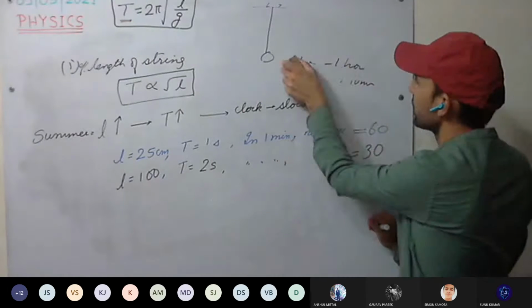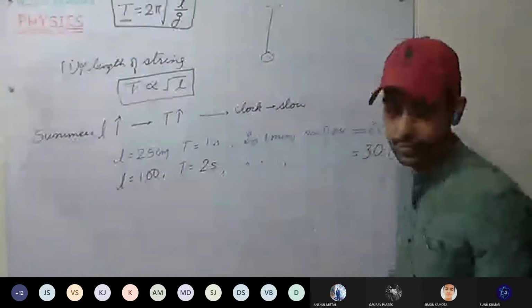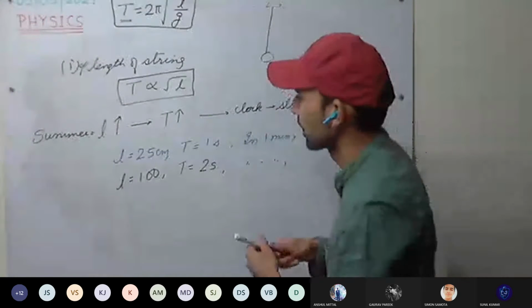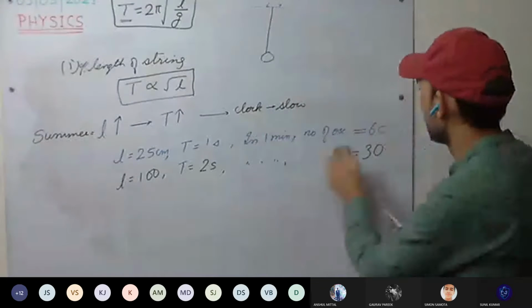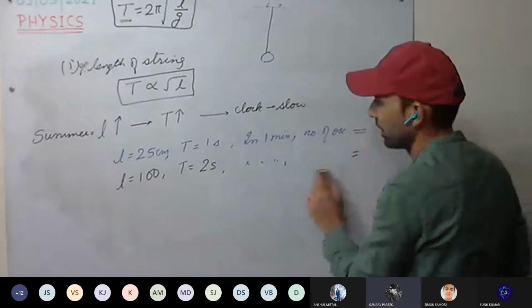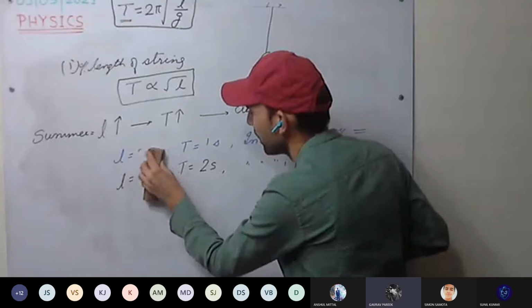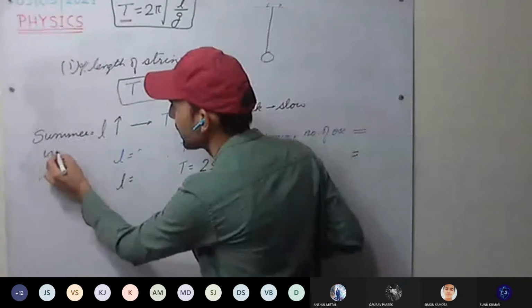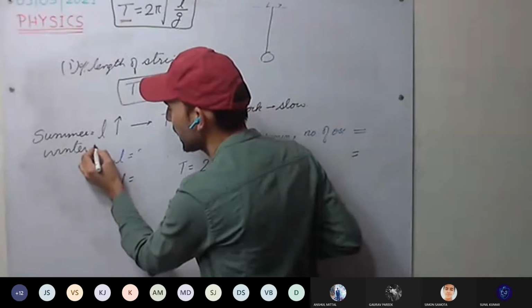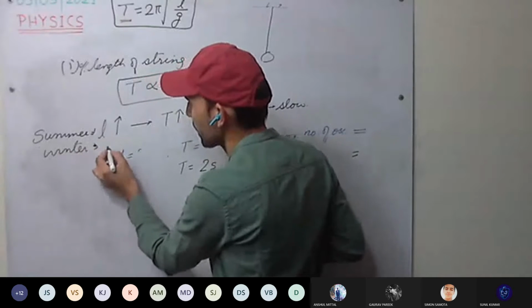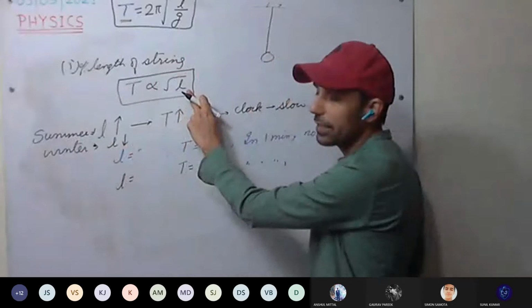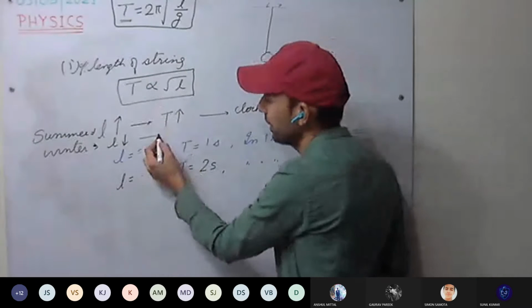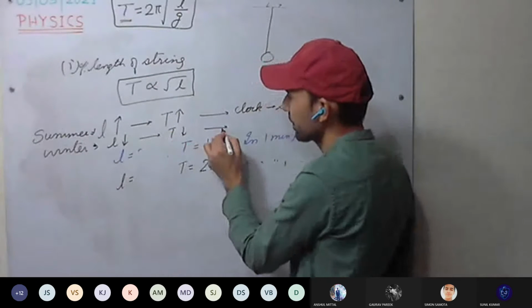Now in winter, what will happen? It will become fast. I will take the same example. So in winter, contraction will take place, so length decreases. As length decreases, time period decreases.